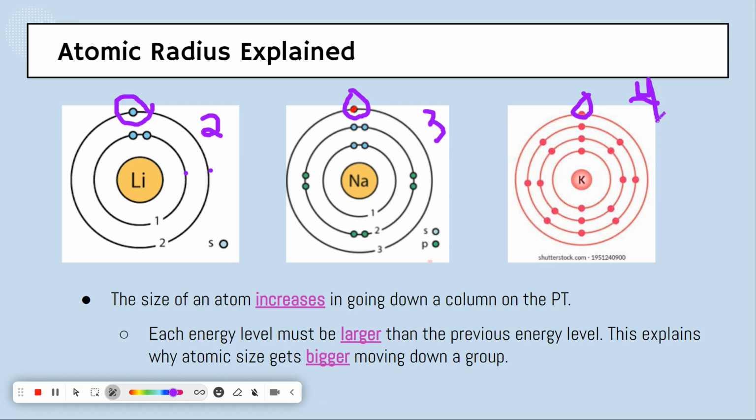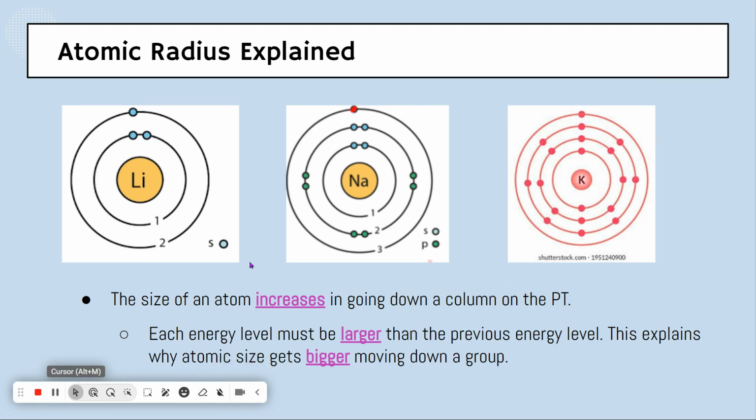So that makes sense. As we go from lithium to sodium to potassium, we can actually visualize the atom getting bigger because we're adding more levels of electrons. That one is relatively straightforward.